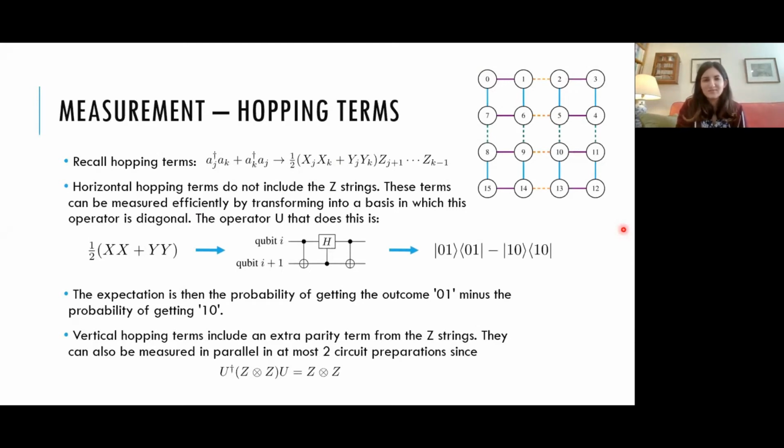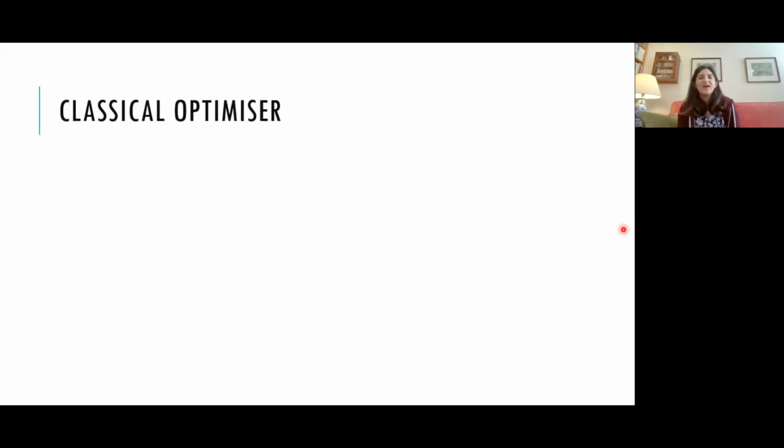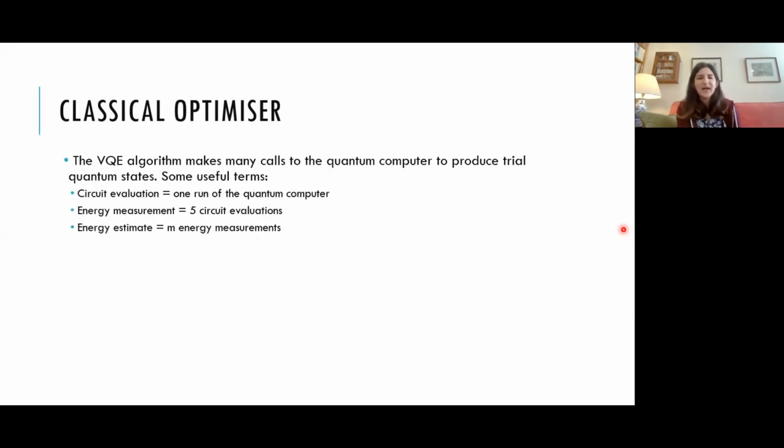Okay. Right, so the final ingredient was the classical optimizer. The VQE algorithm makes many calls to the quantum computer. Some useful terms: 1 circuit evaluation is 1 run of the quantum computer.